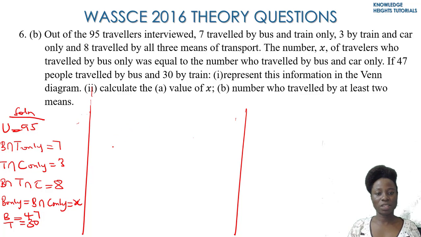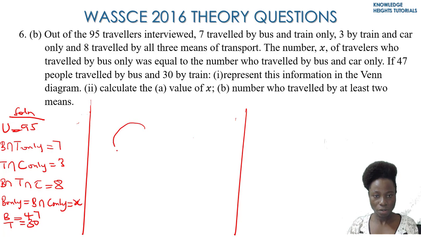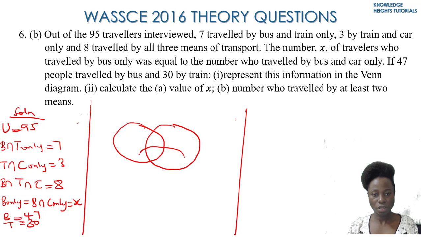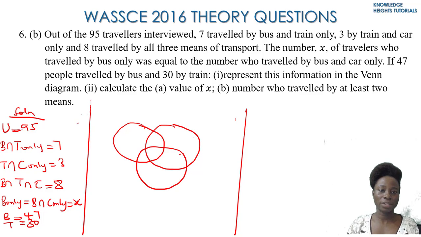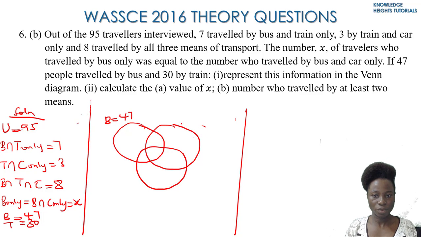Well, we have to represent this on a Venn diagram. So we have this and this and this, just like that. So bus is 47 and then train is 30.